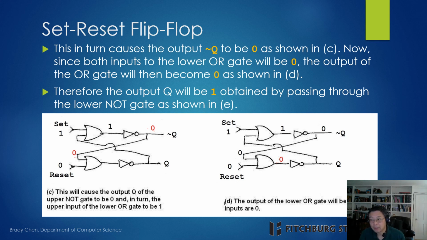Because it's a NOT gate. So this becomes 0, and then the input of the lower OR gate is 0. Now you have a 0 and a 0, so the output of the lower OR gate is 0.